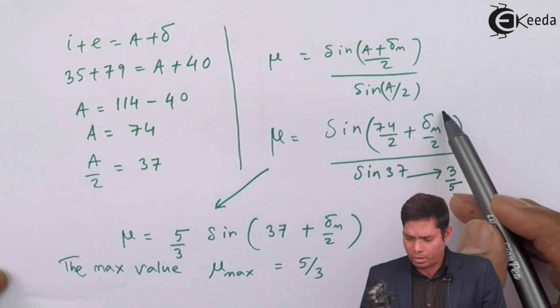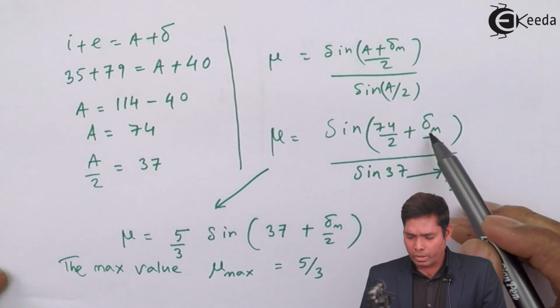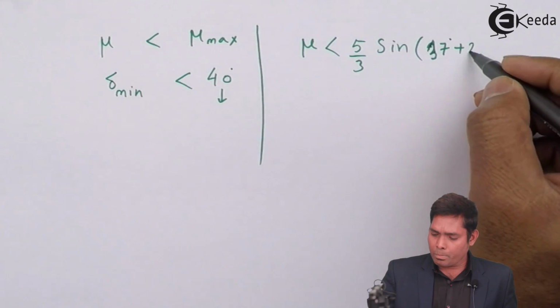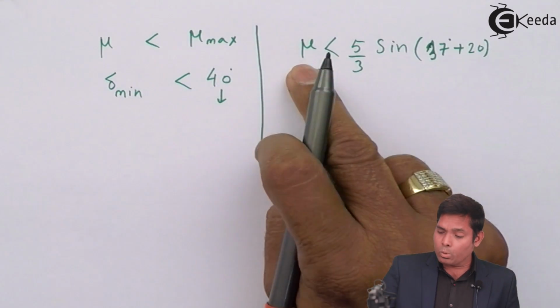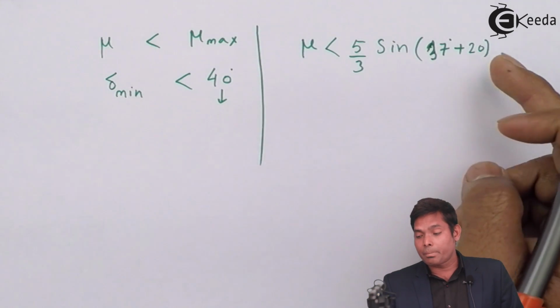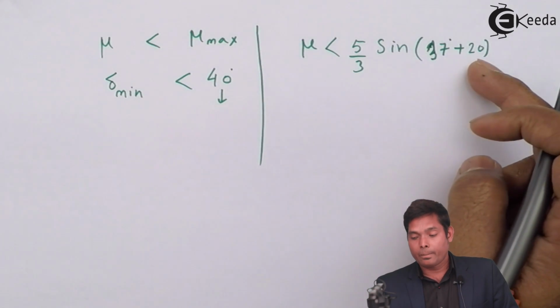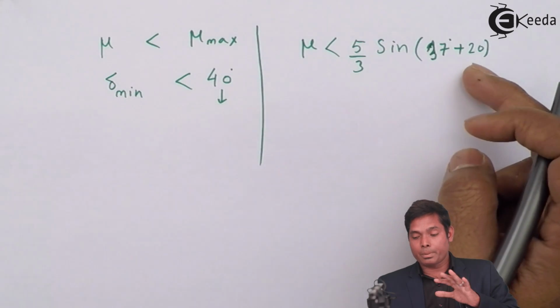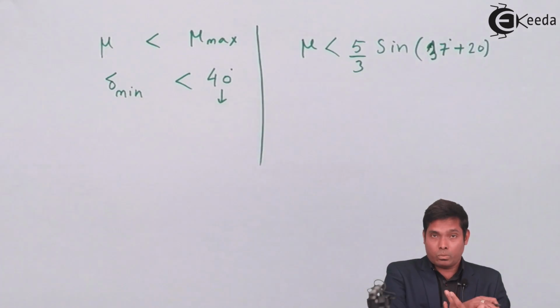For example, 40 by 2 is 20, so it is 57. If I put that, then that value will be greater than mu.